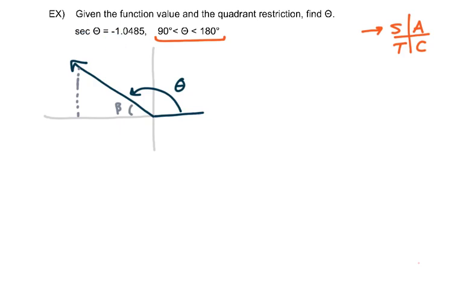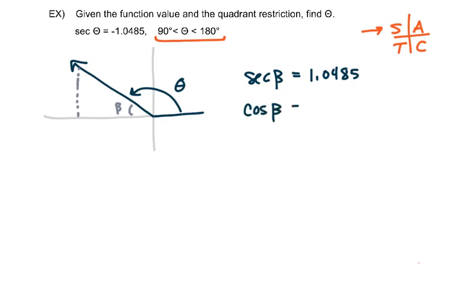So again, we ignore the negative, and I'm going to say, well, secant of beta is 1.0485. And I'm going to need to get this secant over here. That's going to mean secant inverse. But I don't have a secant inverse button on my calculator. So what I need to do with this secant is change it into cosine.